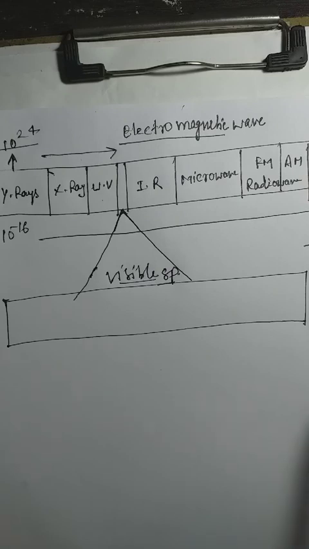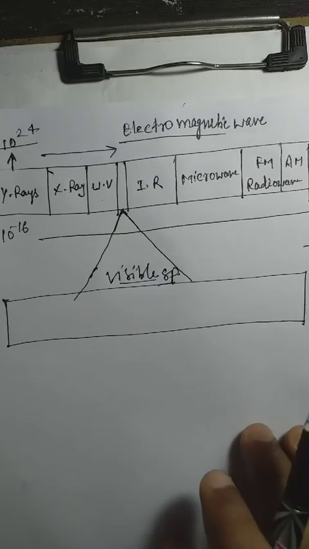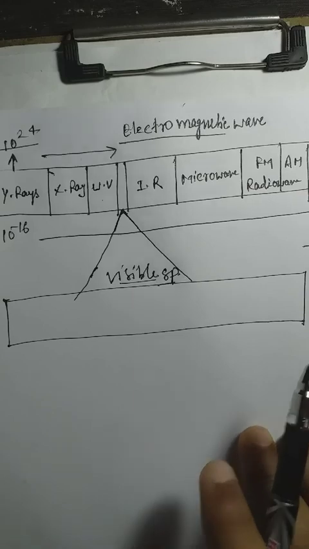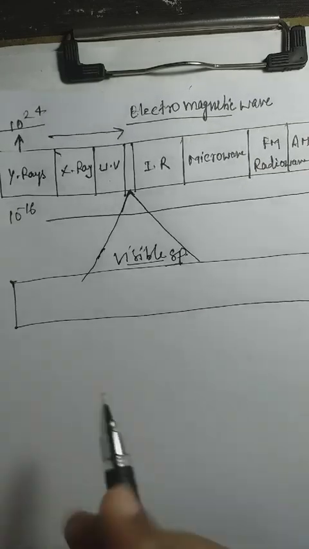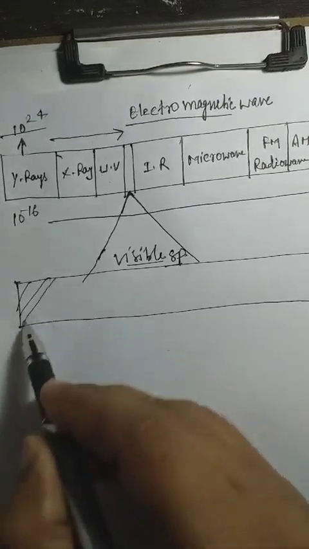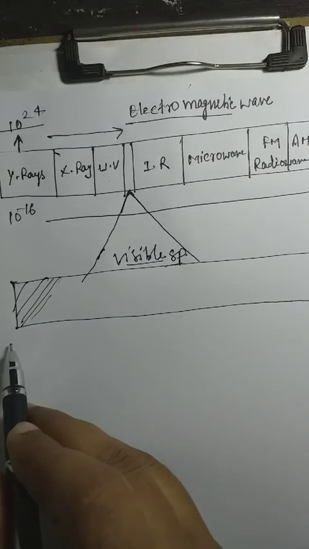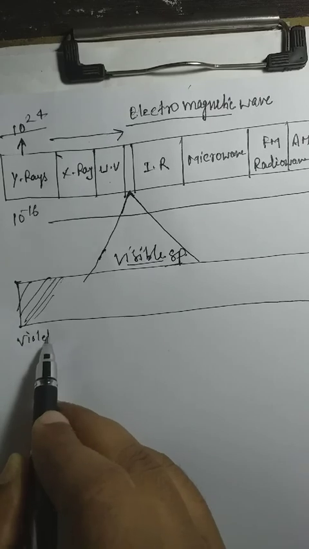Another type of question also arises in exams. Where does the visible region lie? You must write between ultraviolet ray and infrared region. So this is our observation. If you are asking about this terminal, it has violet ray, right?